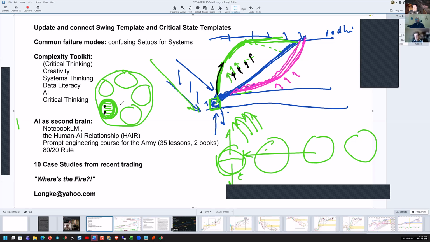Sometimes you'll see the smaller caps like UMAC or BBAI or AI or AVAV. There may not be a large institutional following, and so they might move and then just stop because there's no follow through.